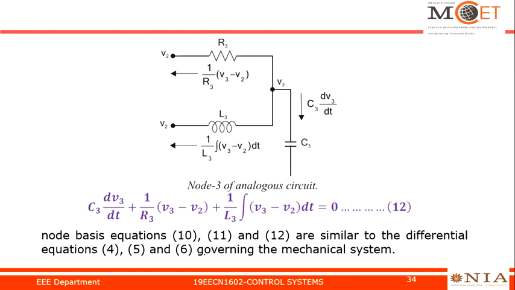So now 10, 11, 12, three different node basis equations are there that you can compare with the mechanical systems differential equations, that is 4 and 5 and 6. It will be similar. You can check the C3 here will be analogous with mechanical element called the M3, and 1 by R3 will be analogous with B3, 1 by L3 will be analogous with K3.